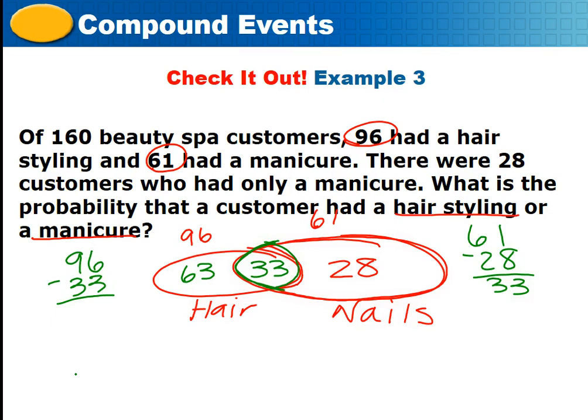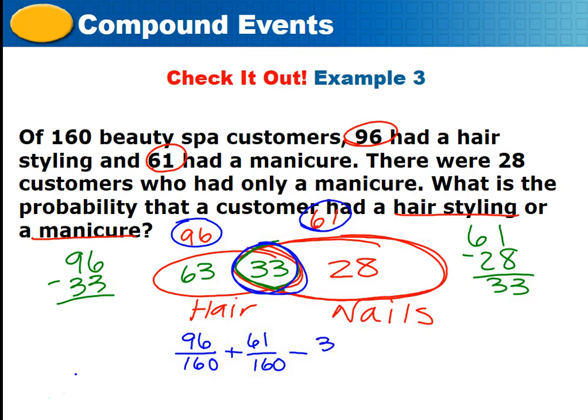Now, this problem's asking us, what is the probability that someone had their hair styled or they got a manicure? So again, we got to take our big numbers. So that's 96 over 160 plus our 61 over 160. And then we got to subtract our overlap, the people that were in both groups.